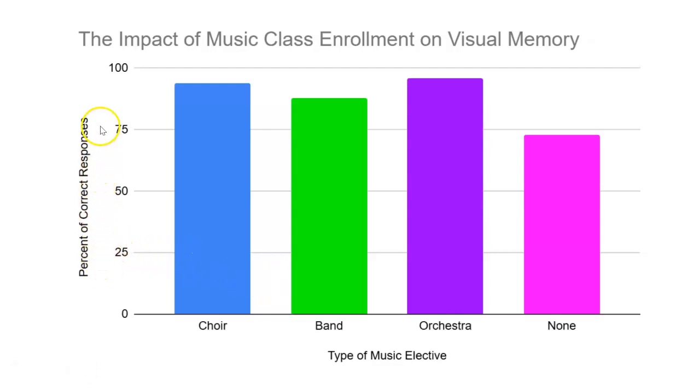Here there are numbers, and by saying percent, that is like the unit. It's telling us what these numbers are, their percentage. And their title is not a question this time. It is simply the impact of music class enrollment on visual memory. IV, DV. IV on the x-axis, DV on the y.